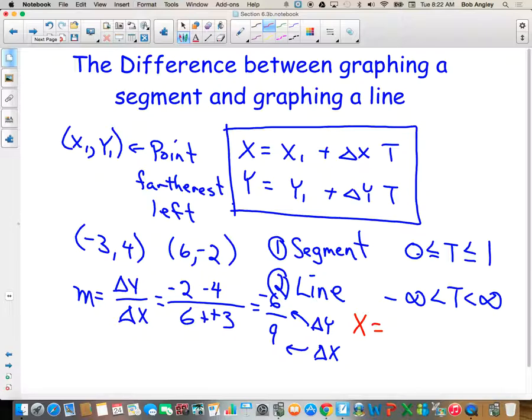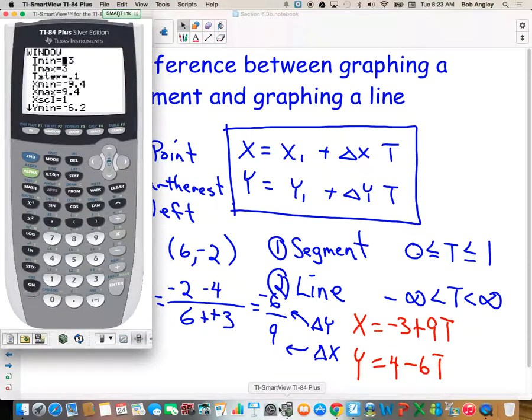I'm going to take the x coordinate that's here, so negative 3, and then put the delta x. Delta x is on the bottom, so this will be 9t. Then for y, I'm going to put the 4, and then plus the delta y, so that turns into a negative 6t like that.